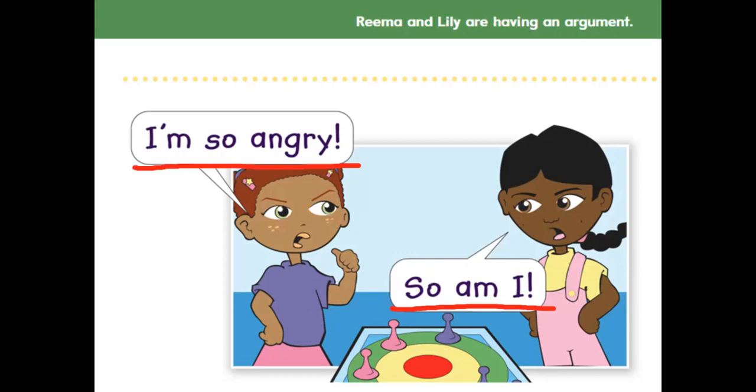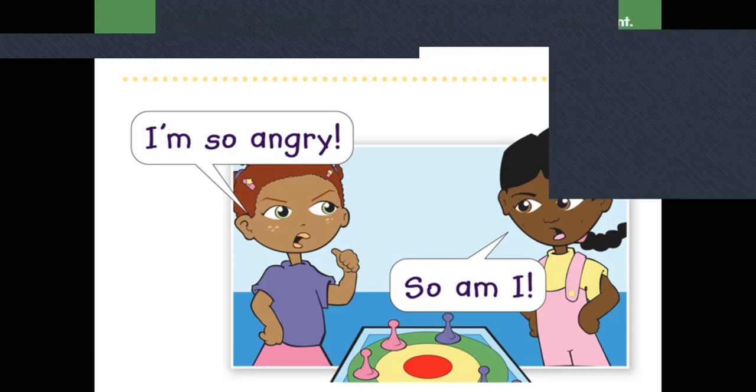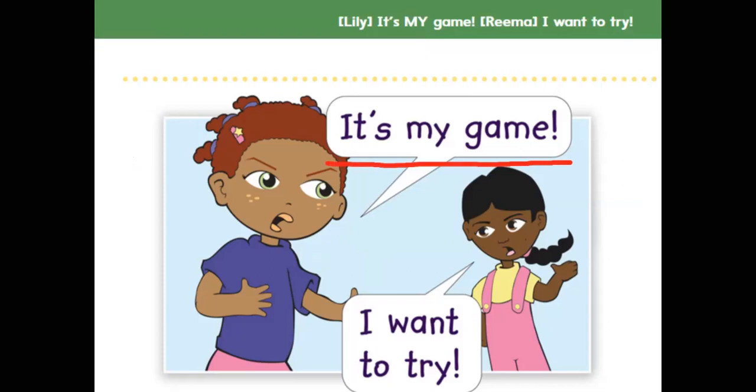Let's see what Rima and Lily do. Let's look at the next box and see. All right. It looks like Rima is saying, "It's my game." And what does Lily say? "I want to try." They're having an argument. Do you think taking turns is important?